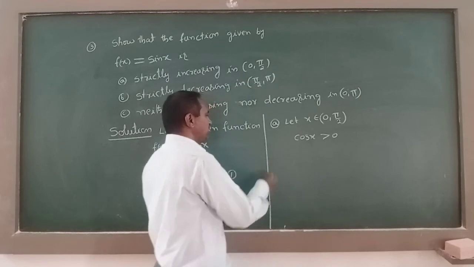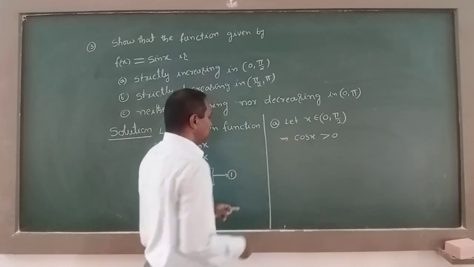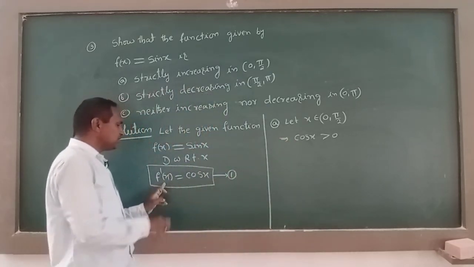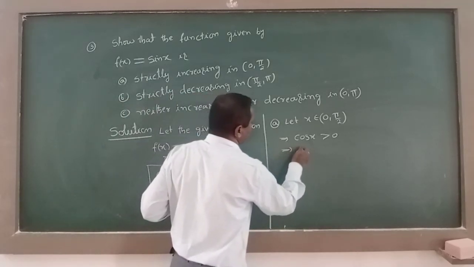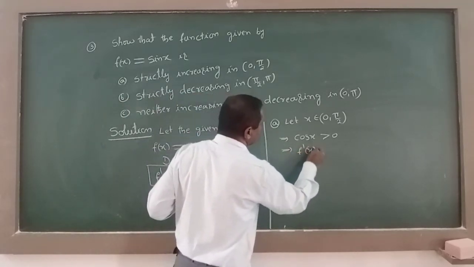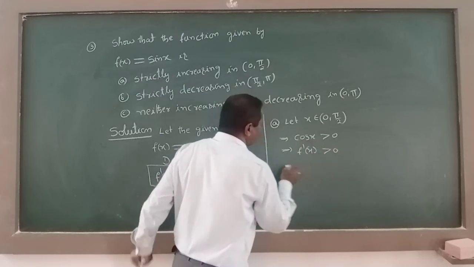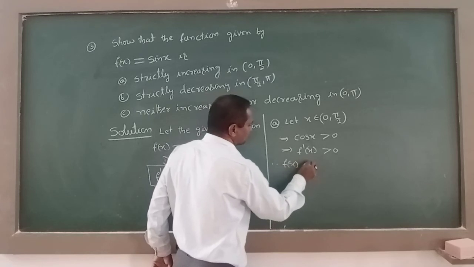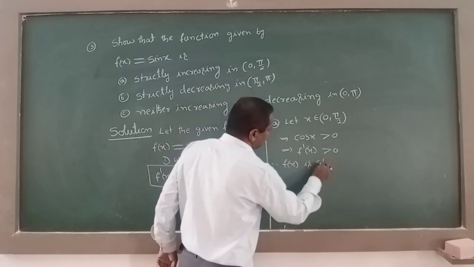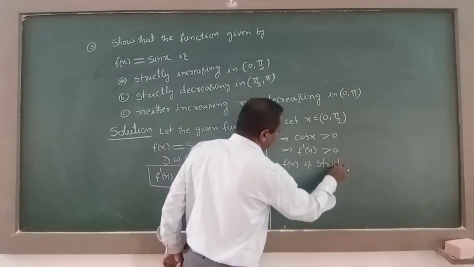Cos x greater than 0 implies, from equation 1, f dash of x is greater than 0. Therefore f of x is a strictly increasing function.